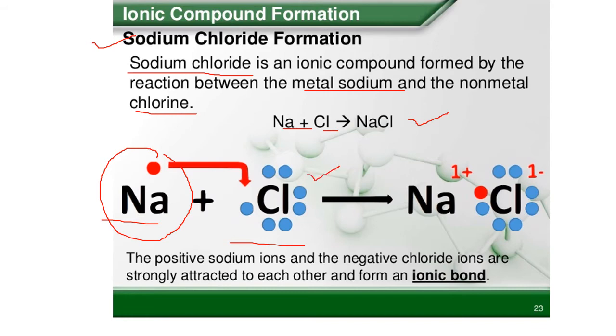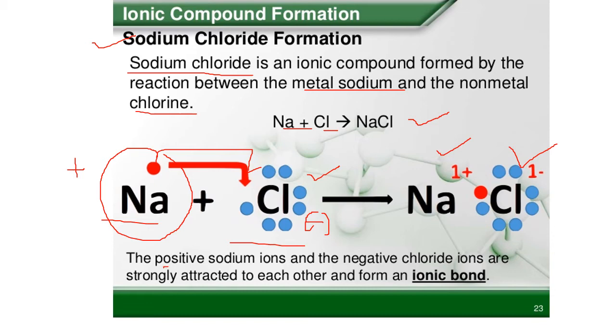So what will happen? From Na, one electron will be transferred over here, and when it gives one electron to the other, it becomes a positively charged ion, and the element which takes up the electron becomes negatively charged. So the giver acquires the positive charge and the taker or receiver acquires the negative charge.